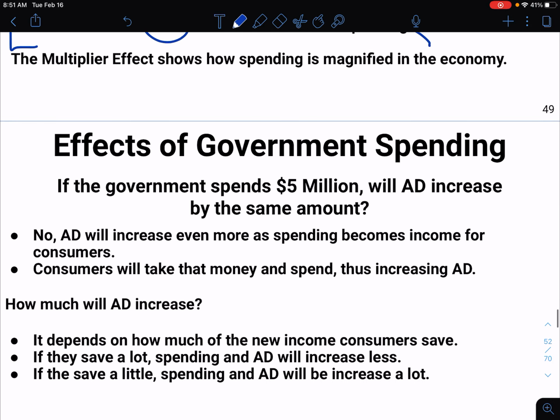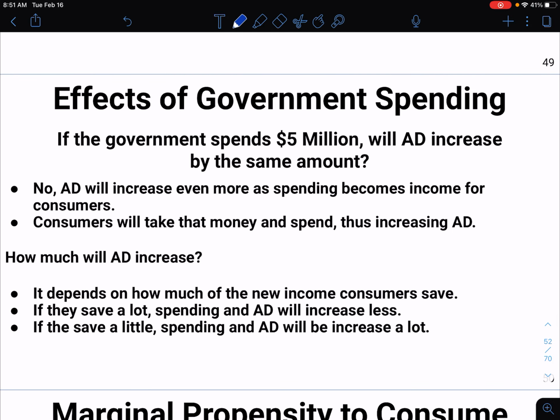So let's instead look at how we can really do this. So let's say the government spends $5 million. We know that it's not going to go up by only $5 million. It's going to go up by some amount based on how much that $5 million is spent and then spent again and then spent again.